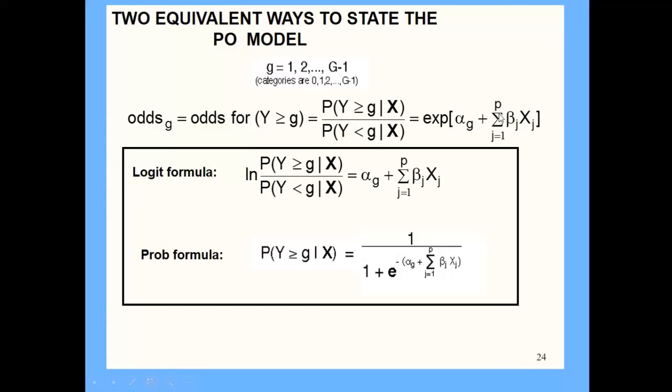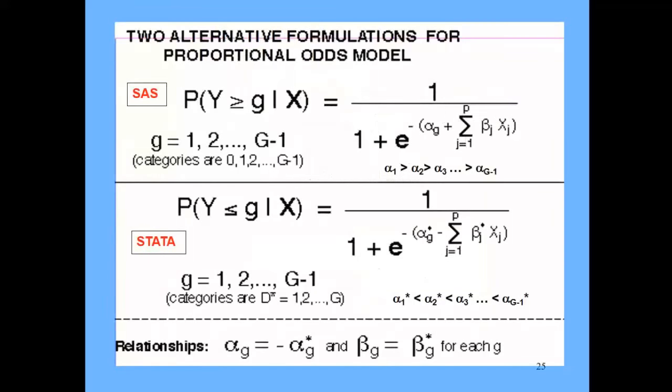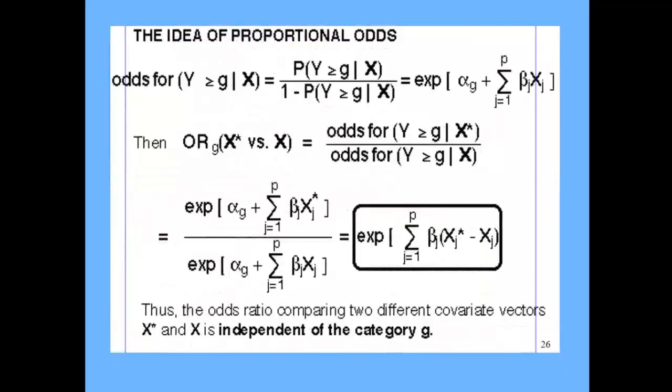If you want to get an odds ratio, you take the odds for one person and divide it by the odds for another person. One person might be called person X star and the other person X. So you take the odds for person X star divided by the odds for person X, as I showed you last time. That would be the numerator and that the denominator.